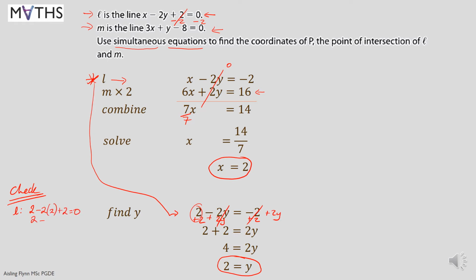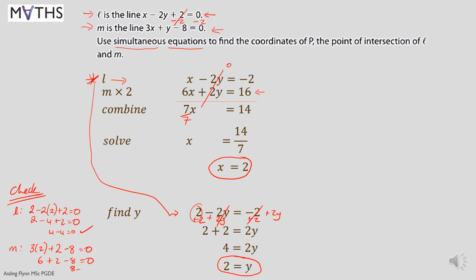So you get 2 minus 4 plus 2 equals 0, which will be 4 minus 4 equals 0. That's right. So it works for L, those combination of numbers. You can check for M also. 3 times 2 plus 2 minus 8, is it equal to 0? You get 6 plus 2 minus 8 equals 0.